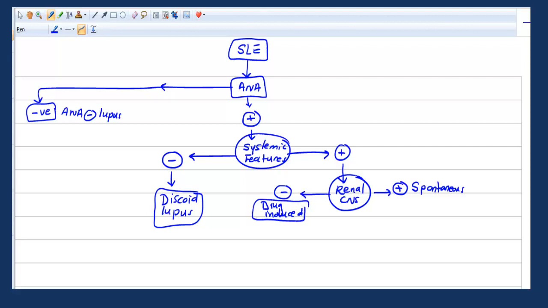Alright, guys, so far? It is important just to know the types in general: what is discoid lupus, what is drug-induced, what is spontaneous, which is basically the most common type.